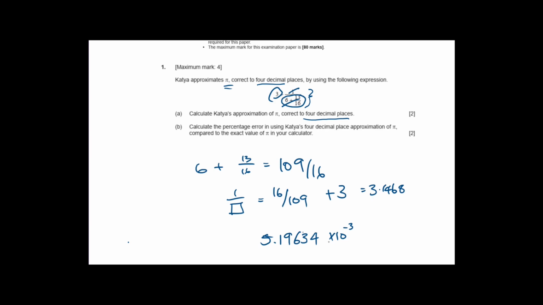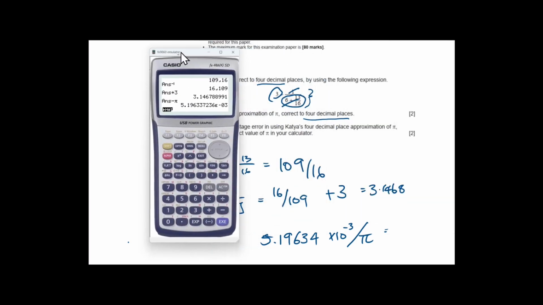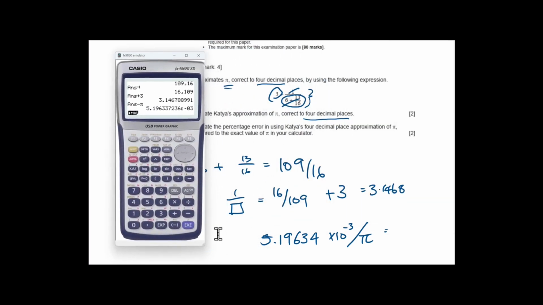So we're going to get that number, and then we're going to divide that by pi, and that's going to give us a percentage. Again, I'm going through it at speed because we don't really have time to be messing around. So I'm going to take that answer and divide it by pi. That's the constant that we do know, so we can use that as our base.